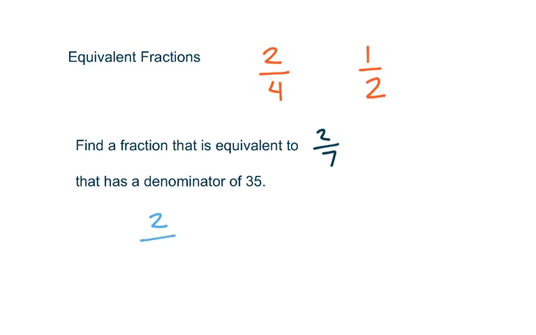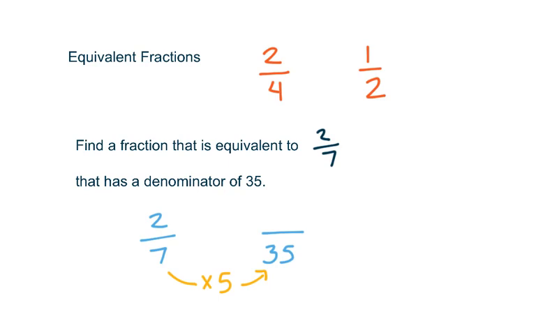If I've got 2/7 and I want to change the denominator so that it's going to be 35, what I'll need to do to that denominator to make it go from 7 to 35 is multiply that denominator by 5 to get my new denominator.